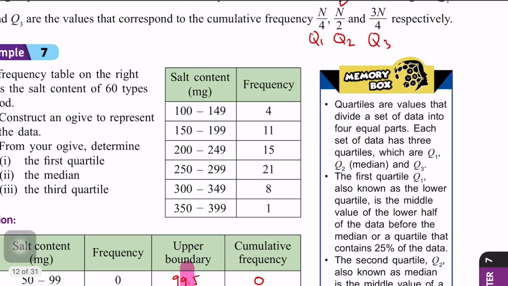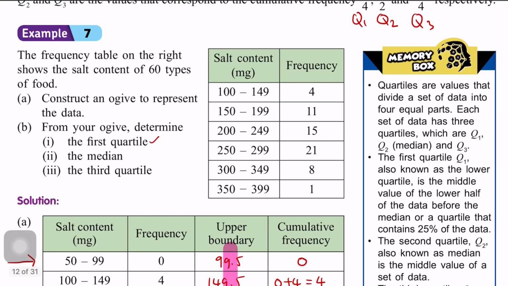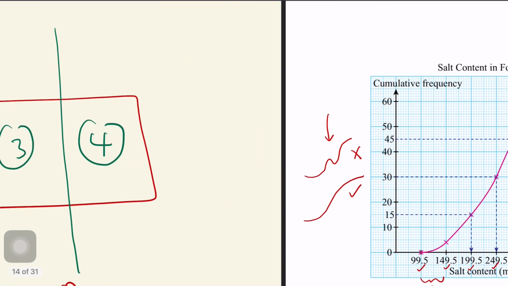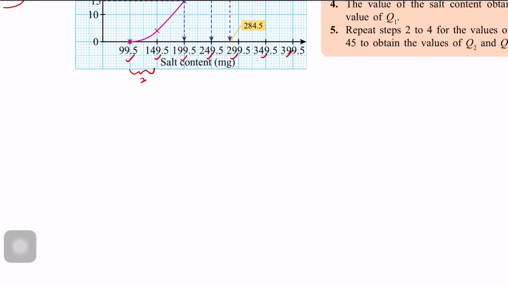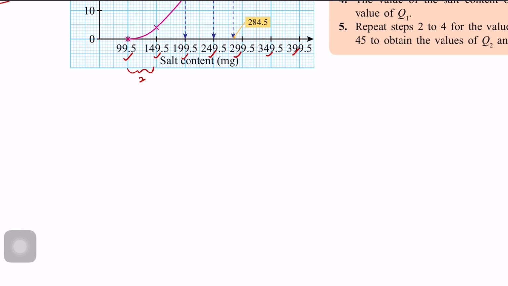Okay, next, kita nak kira apa soalan nak. Soalan nak kita cari first quartile, median dan third quartile. So macam mana kita nak kira? First quartile dulu, Q1. Sekejap, kita lukis macam ni. Location of Q1.